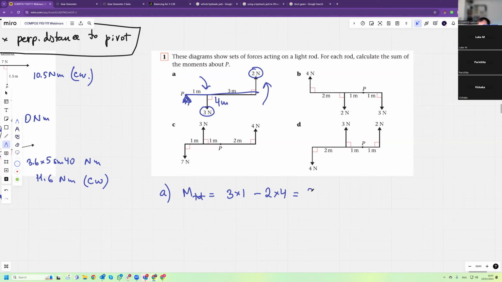So it's 3 minus 8, which is minus 5 Newton meters. You can say minus 5 clockwise, or you can say it's 5 Newton meters counterclockwise.